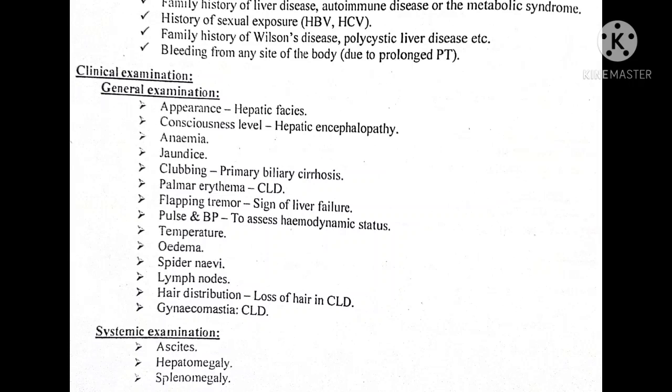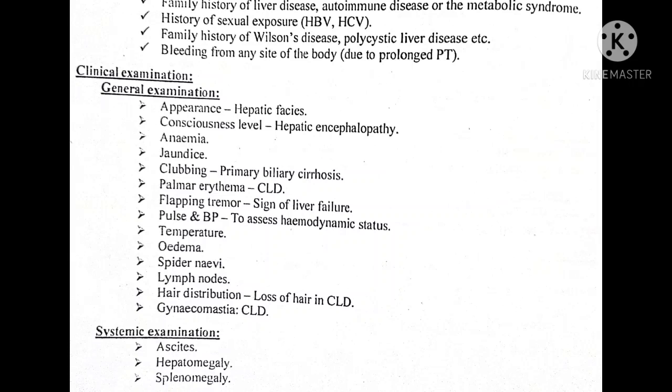Flapping tremor is the sign of liver failure. Pulse and BP are checked to assess hemodynamic status. Temperature, edema, spider nevi, lymph nodes are assessed. Then hair distribution is seen because there is loss of hair in chronic liver disease. Gynecomastia is also seen in chronic liver disease.